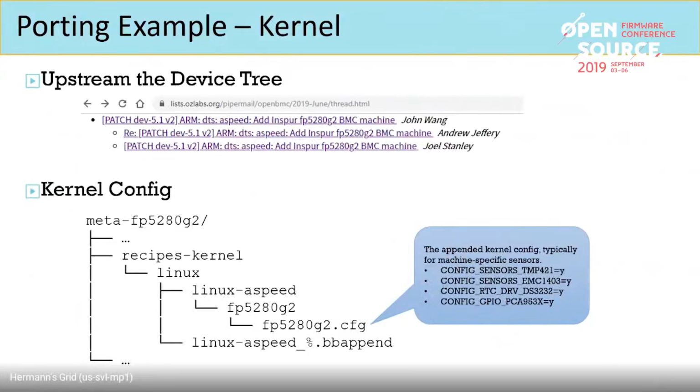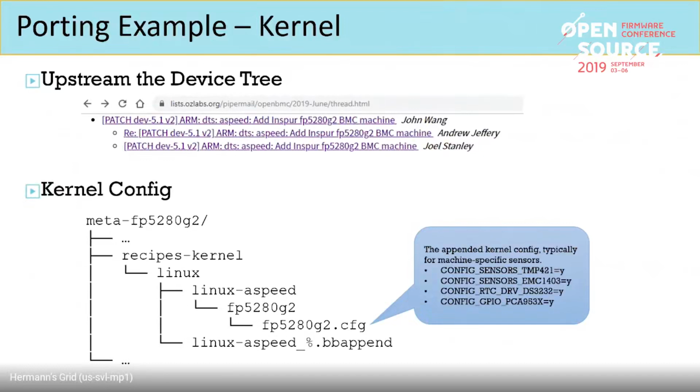kernel. We need to have a kernel device tree and add the kernel configs. So for the device tree, INSPA sent the whole device tree to the upstream, and Joey helped to merge the device tree. So that's cool because when someone is new to kernel development, it is kind of hard for them to do contribution to the upstream. So Joey helped a lot.